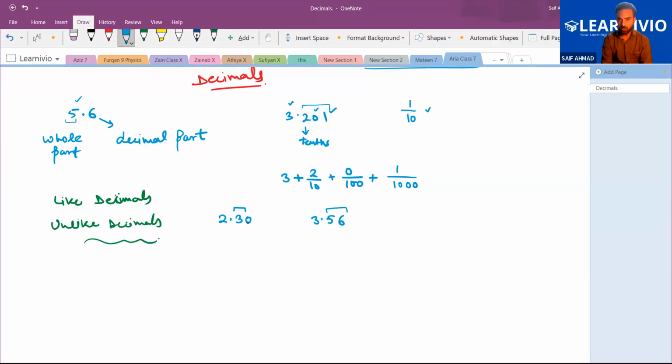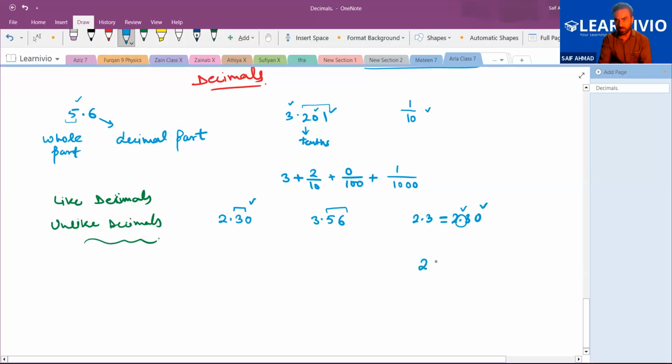There is no difference if you put a 0 after this. 2.30 is equivalent to 2.3. It is equal. There is no value of this 0 because there is a decimal here. Understood or not? It is also 2.3.